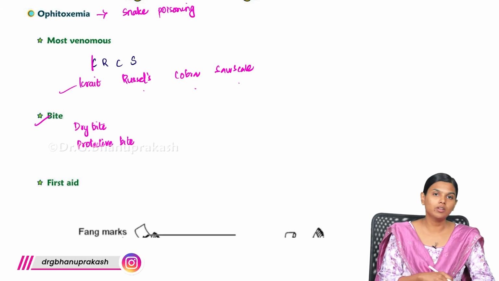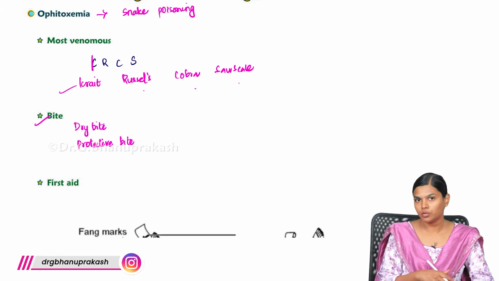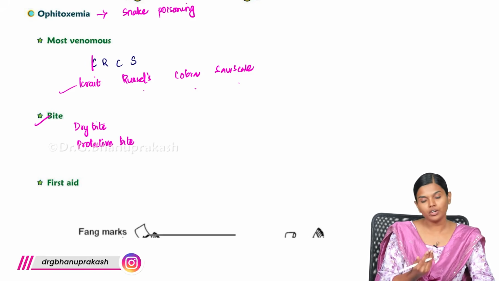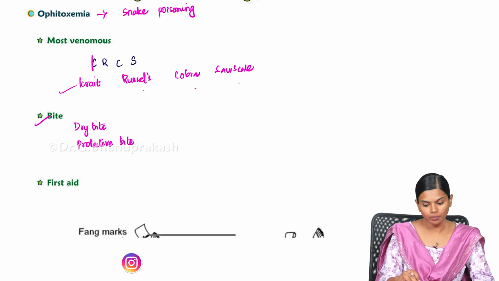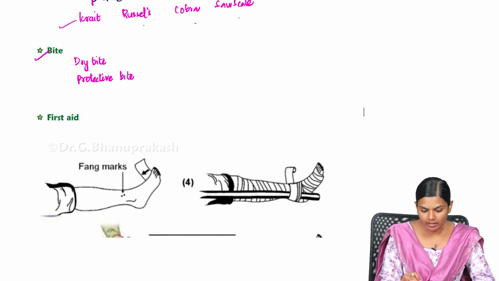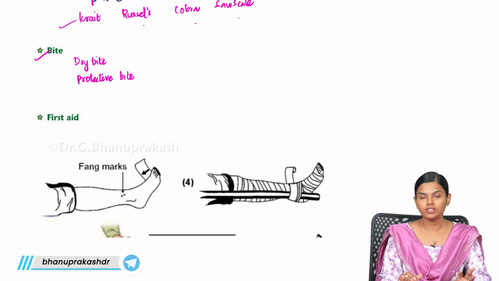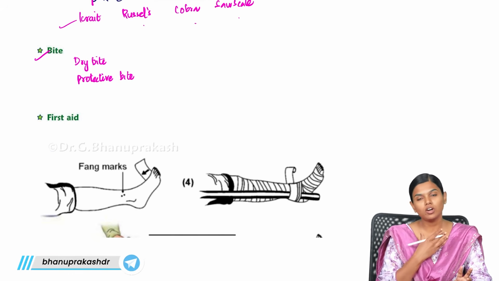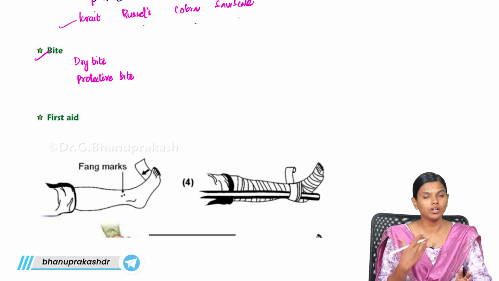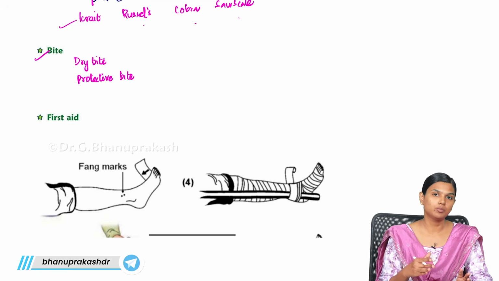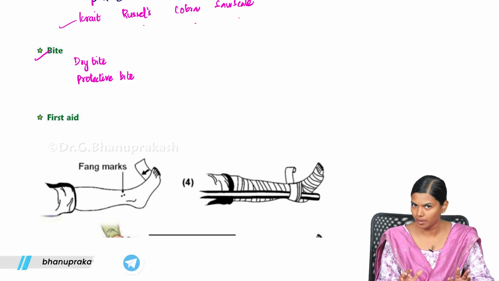It will be striking over some protective layer, so injection of the venom would not have happened. So you have to properly analyze whether the bite was by a venomous snake or not, whether it is a dry bite or not. Sometimes you will not see any manifestation. Even in a protective bite by a venomous snake, you will not be able to see any manifestation.